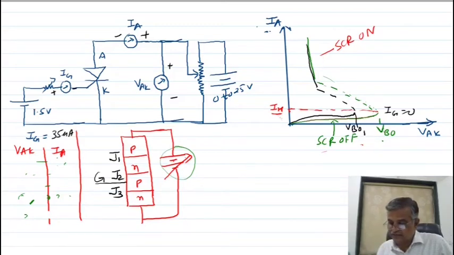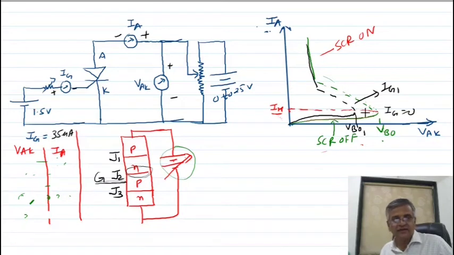You can see VBO1. This is say IG1. So as the gate current increases, your VBO decreases because this supplies current. As a result, the reverse bias voltage across this decreases, and due to this effect, your breakover voltage decreases.